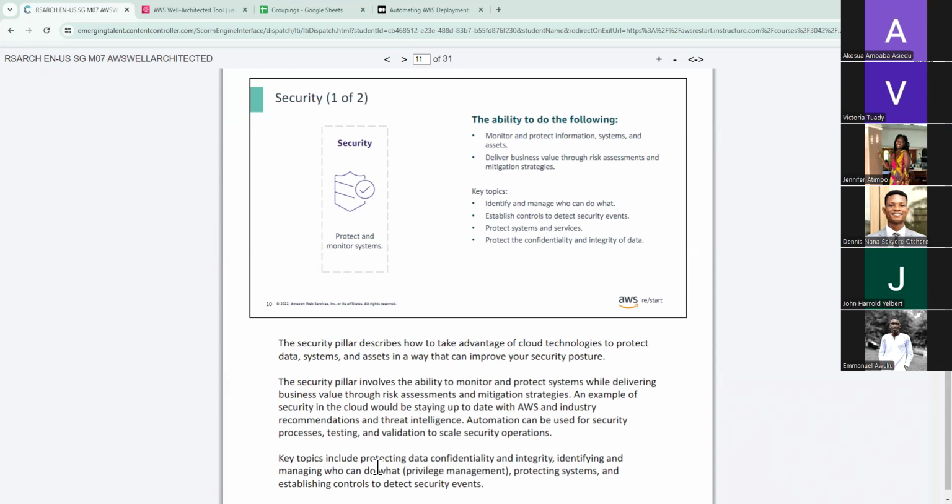All right. So for the first point, we have implement a strong identity foundation, and this means that for our system, we need to be able to identify who has access to the system and what they have access to, and what exactly they can do with our resources. With AWS, we have IAM, that's Identity and Access Management Service.